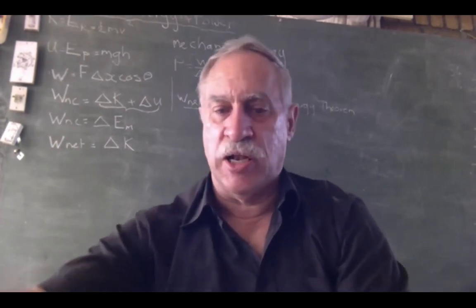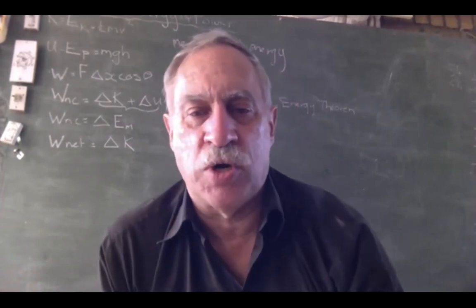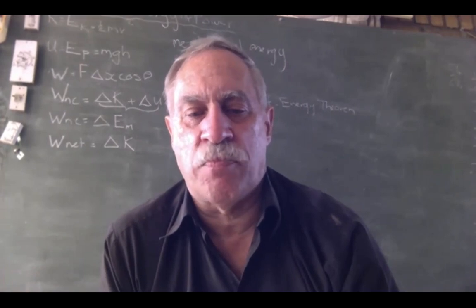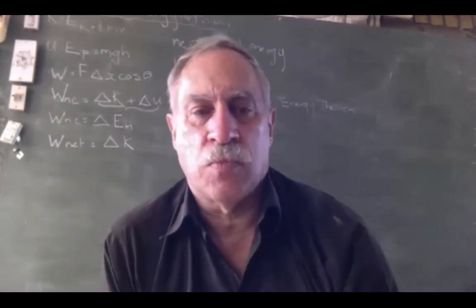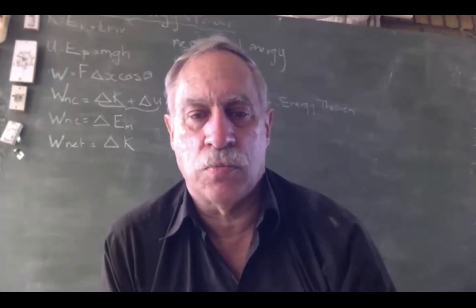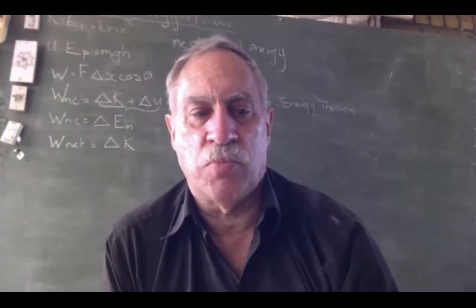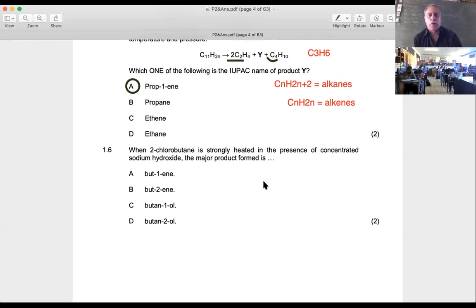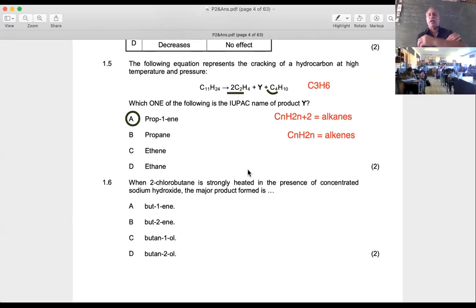So let us do the questions that relate to that. Okay, so I'm going to go back to sharing, and I'm going to go to preview to the booklet. Okay, let's go to question 1.6. Well, hang on. Let's just quickly revise it.